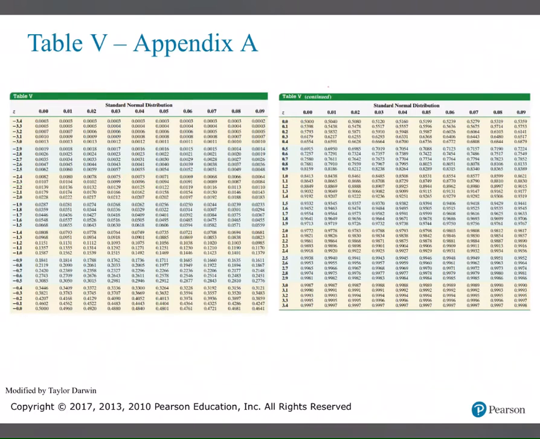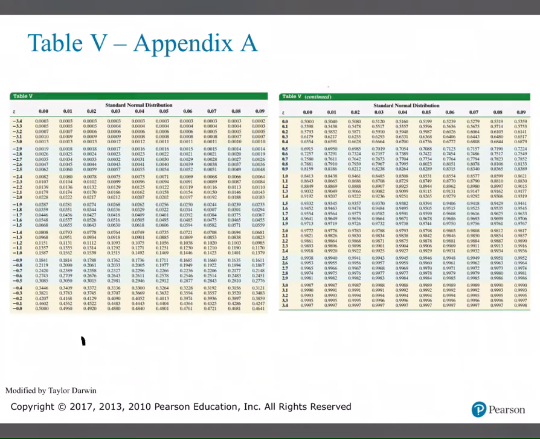If I wanted negative 2.00, these first two would be my vertical column. So negative 2.00, and that 0.0228 would be the value, the area that represents this z-score. I will do one last one.